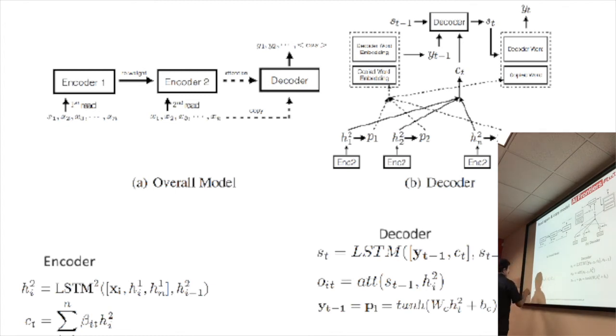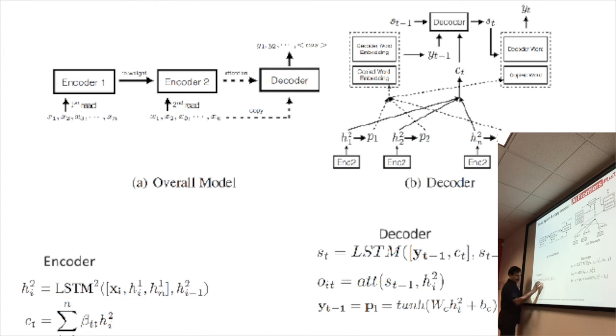So at the end of the encoding process, the hidden state at timestamp i of the second encoder is dependent on the input at timestamp i, the hidden state from the first encoder at timestamp i, the final hidden state from encoder 1, and the hidden state from i minus 1 of encoder 2.